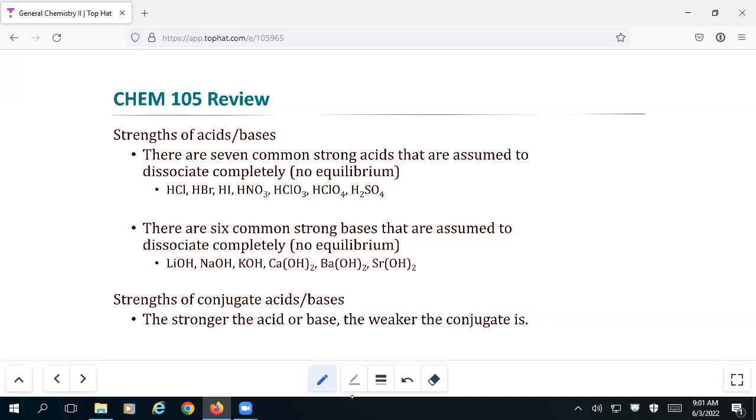And on the flip side, your common strong bases, these were your alkali metal hydroxides and your heavy alkaline earth hydroxides, starting with calcium. So no magnesium, no beryllium on this list.